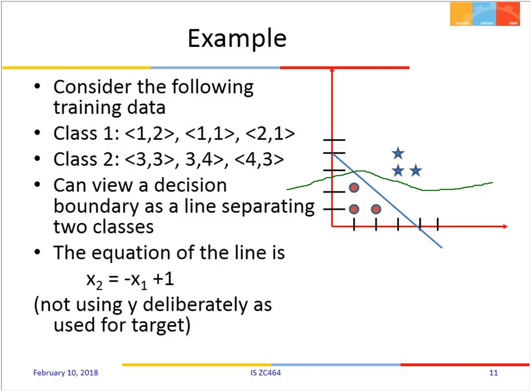Then in that case, I should not be using y2. You don't need to use y if you are reserving this label for classes. So I should be saying that it is x2 equals 4. Is this all right? Yes. Y is not used in the equation because I am taking x and y as the input-output pair of observations in my training, and y is representing the class label.